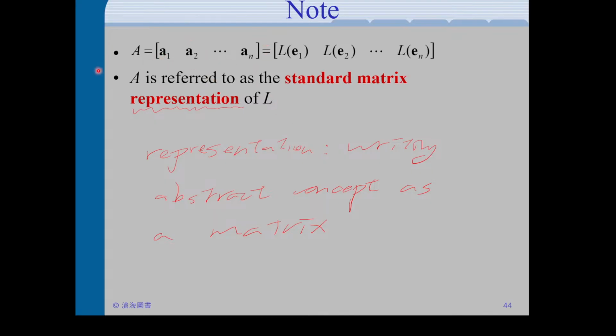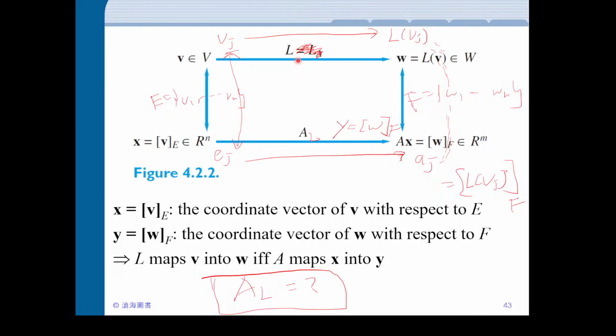A sub L has first column L of E1, second column L of E2, etc. And we also have L here, and R^n to R^m here. So basically we want to see how the mapping goes inside this R^n to R^m to find each column of A.